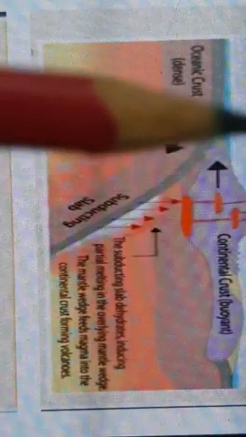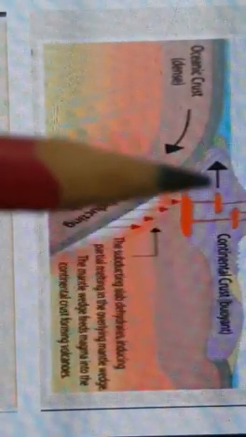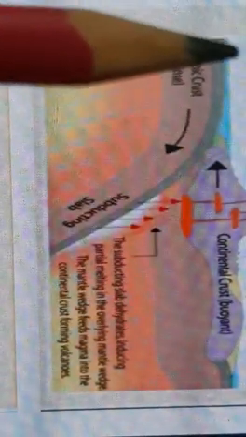So the dense plate sinks in a subduction zone, and the light plate moves above the oceanic crust. Now the next question: what is the meaning of subduction zone? Subduction zone is where the oceanic plates subduct under the continental plates, meaning they move under the continental plates.